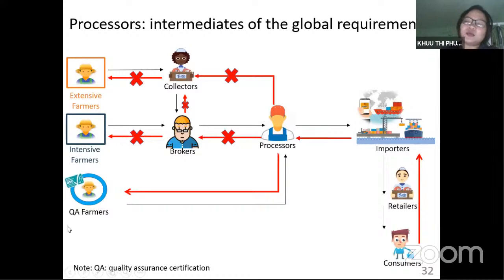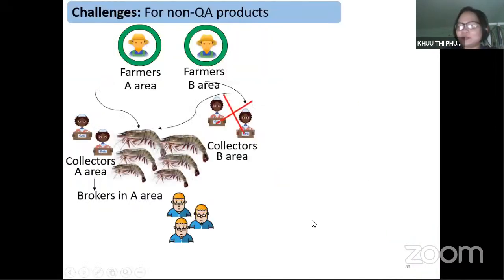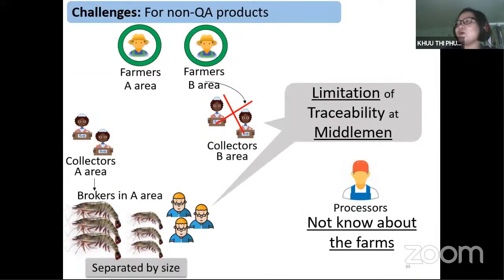Only quality assurance farmers can push the requirements, but the most important issue is that the cost of applying quality assurance like ASC or MSC for fishermen is very high relative to the income of farmers. So that's why you can see traceability is very limited at the middlemen, and the processor cannot know about the farms.